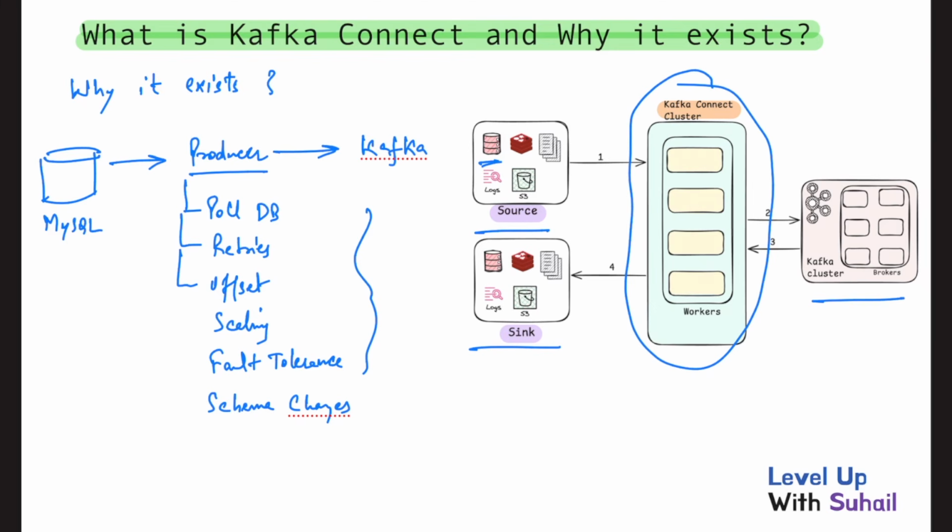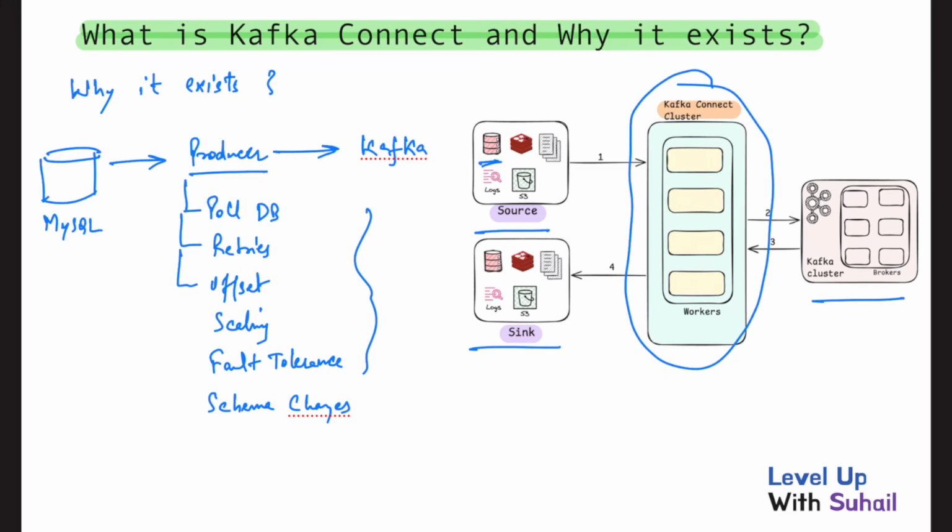What it does is provide the connectors. There are different types of connectors which I will be talking about in coming time. So Kafka Connect gives you a framework, standard connectors, and pluggable architecture to move data from external systems to Kafka and also from Kafka to external systems. Now, what other problems does Kafka Connect solve?